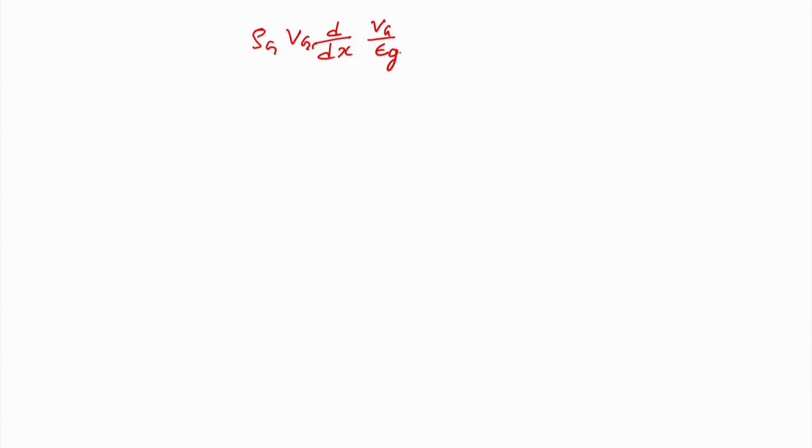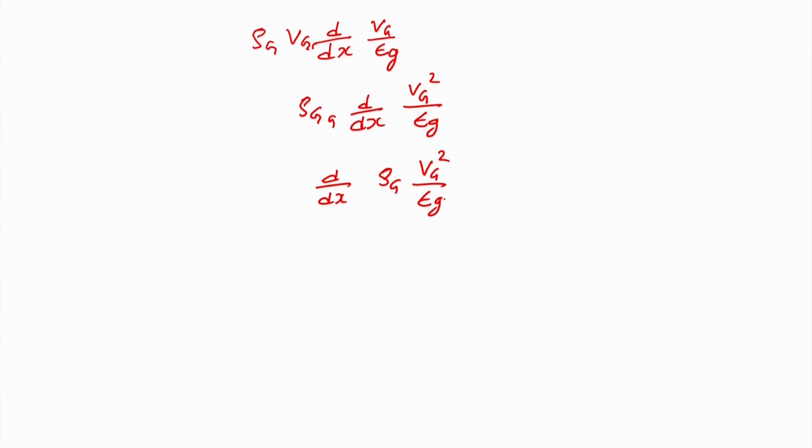Now, if I solve this equation, I can write it as rho g into d by dx of Vg square upon epsilon g. Or if I put rho g also inside, I can write it as d by dx of rho g into Vg square upon epsilon g. Similarly, for the liquid I can reduce the same term.